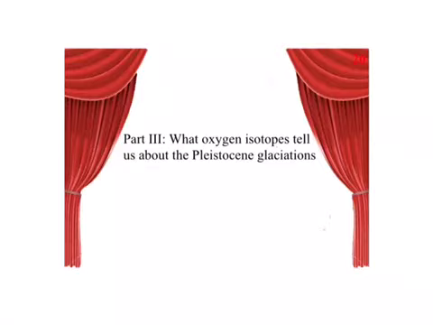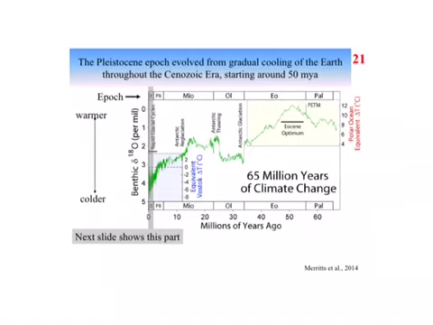So I think I will go on and go into what these oxygen isotopes tell us about the Pleistocene glaciations. Well, as we just said, the Pleistocene epoch evolved from a gradual cooling of the Earth throughout the Cenozoic era. So right now, in this diagram, the present day is right here, and we're going back in time as we go to the right side of this graph. And here's that gradual cooling that we saw in the graph that we looked at previously.